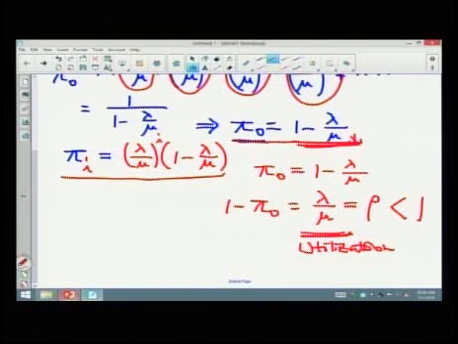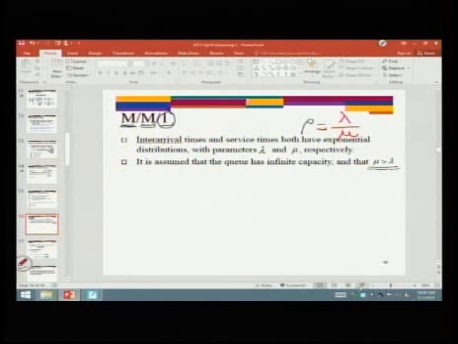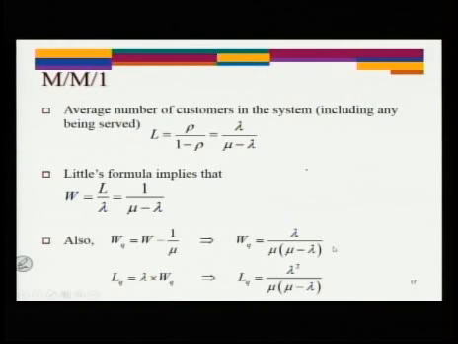Okay, so now let's move on to the next screen. Okay, next, the average number of customers in the system for the MM1 system, and this number includes any customers being served. That is represented by capital L, right? And that is rho over 1 minus rho.